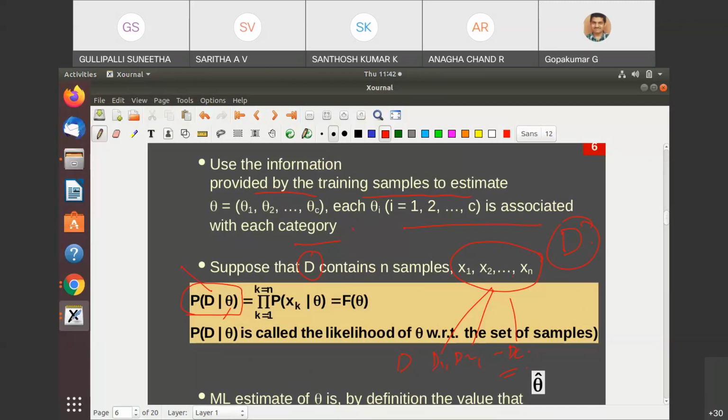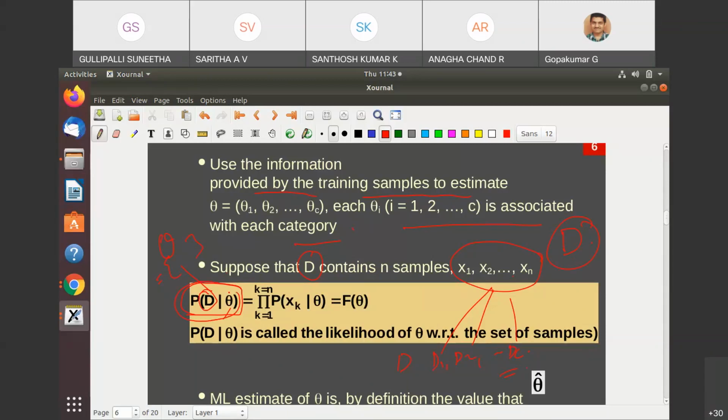We are trying to see what the likelihood is for a theta, that means a theta consisting of mu and sigma values. What is the likelihood that that theta generated this particular data set, maybe for a particular category? That is this particular probability.